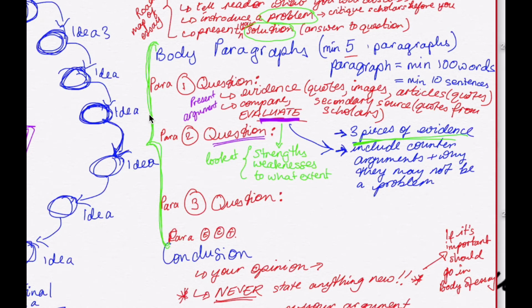So if we're looking at strengths and weaknesses, what do you think we're going to look for? Yeah. But it's a weakness to your argument, but does that mean the evidence is weak? Okay, good. Yes. So we could have a very strong piece of evidence against our argument.